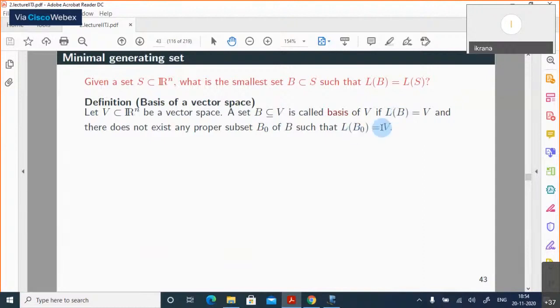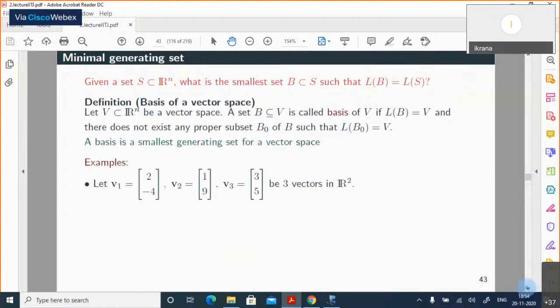In that case, this set is called a basis for the vector space. You can think of a basis as a minimal, smallest generating set of vectors in the vector space.